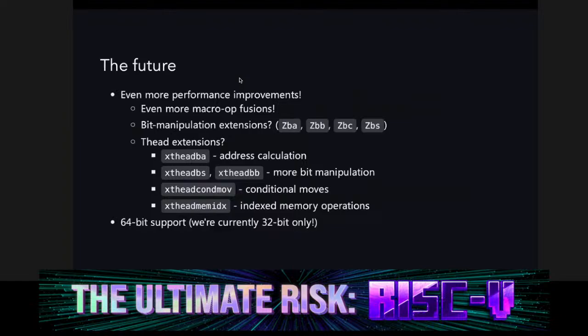There are quite a few interesting extensions, like the bit manipulation extensions, which were ratified some time ago. There are those T-head extensions that are vendor specific, but some of them are very interesting, and we think they might improve performance quite a bit. And we also want to add 64-bit support, because we're currently only 32-bit.